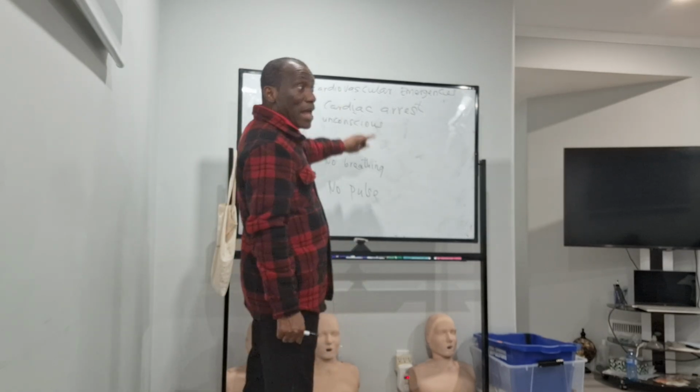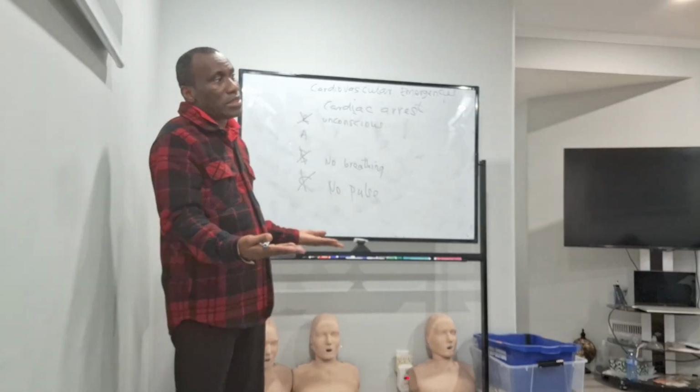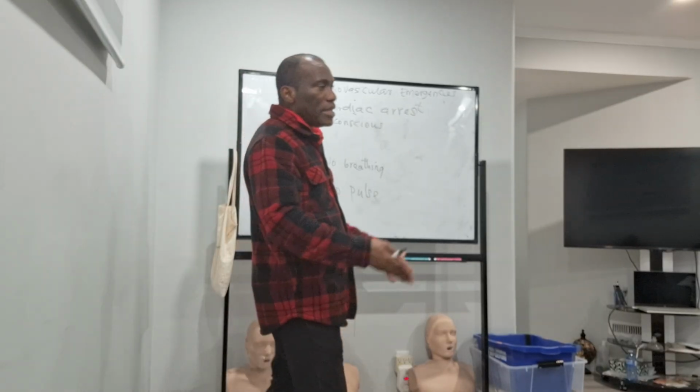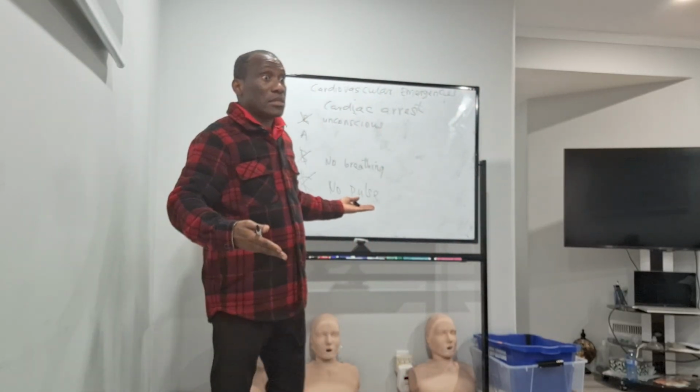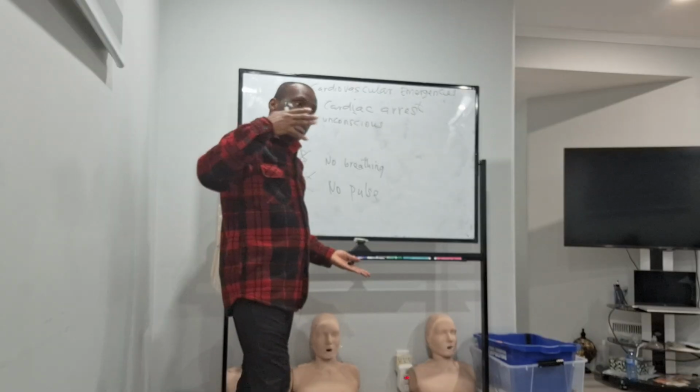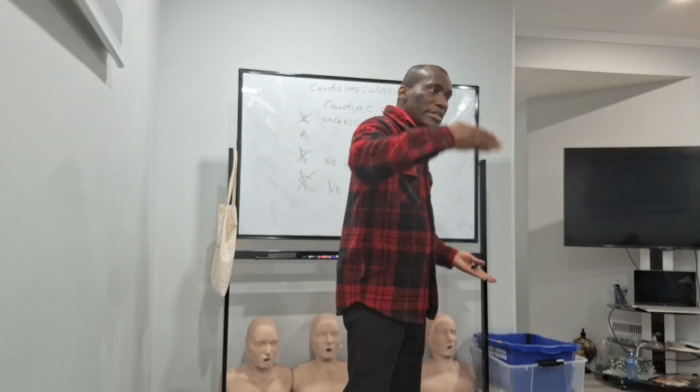So if you don't help that person or do something, that's it. Within a couple of minutes, the cells of the body will die without oxygen. If you don't give cells oxygen, they will die.